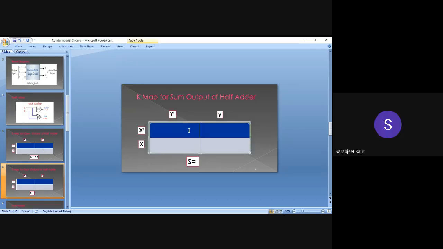Right. So sum was 1 when we had 0, 1, that is x as 0 and y as 1, and when x was 1 and y was 0.